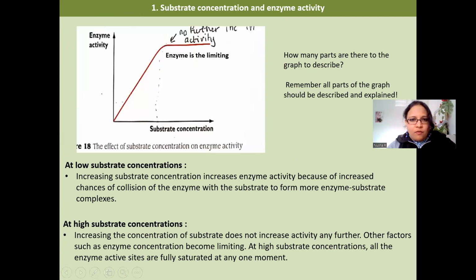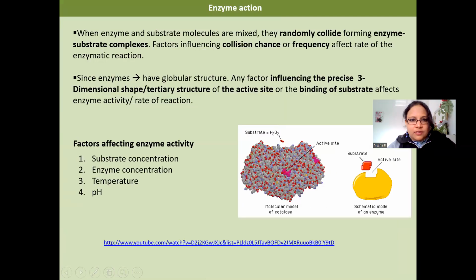So before we go into the factors affecting enzyme activity, when we are looking at these factors and how they work, we have two things to bear in mind. First, when the enzyme and the substrate molecules are mixed, they randomly collide, forming enzyme substrate complexes, and that's how enzyme activity happens, as we mentioned.